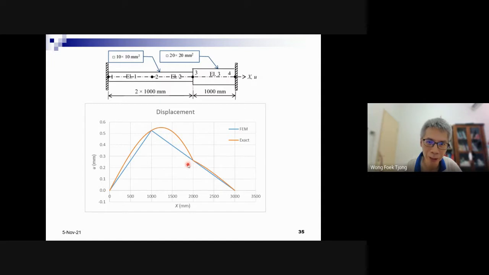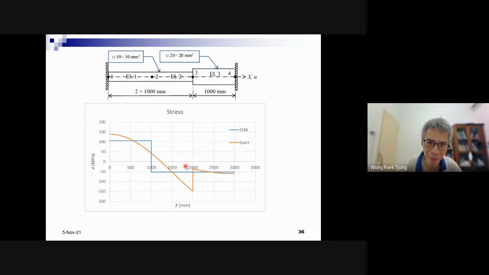How about the stress? This is the stress. This is the exact. Okay, there is a stress jump here. It's reasonable because there is a jump in the cross-sectional area. Here for elements 1 and 2, and this is for element number 3.